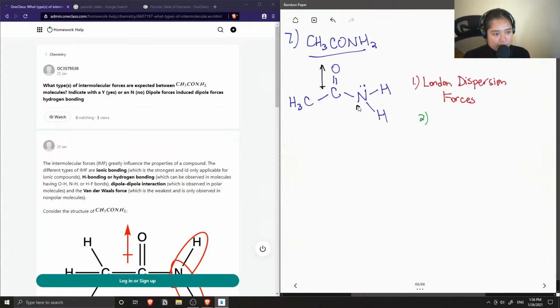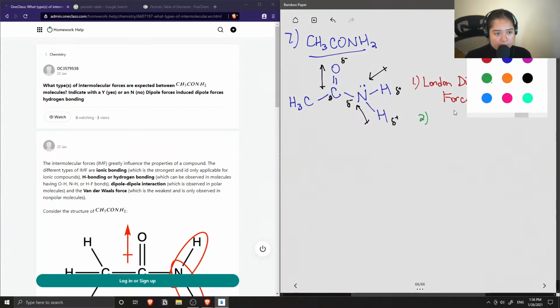So we can also draw some dipole moments this way, showing partially negative sides and partially positive sides. So because of these partially negative and partially positive sides, we could have dipole-dipole forces as well.